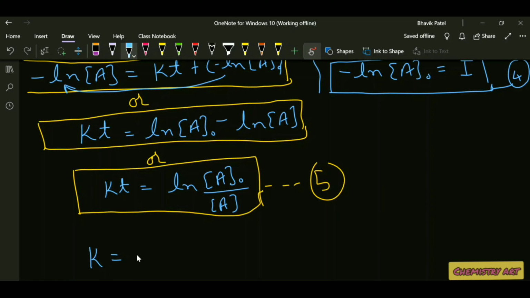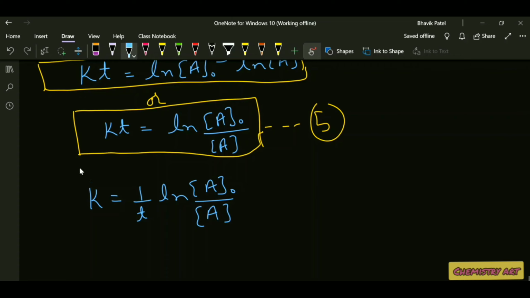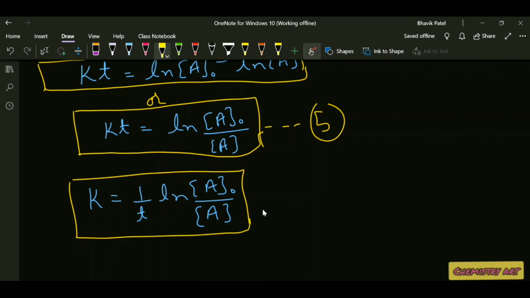So I can write here 1 by t ln A naught by A. And again I can change the value of this ln, as you know ln is the natural log, and ln is equal to 2.303 log. You have to write this.